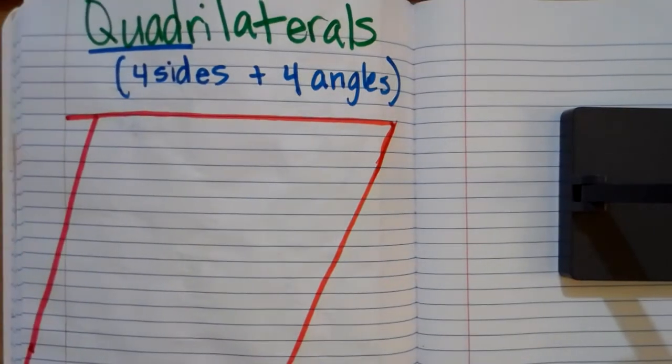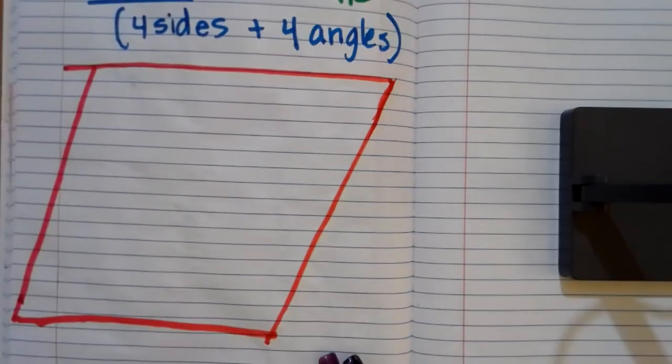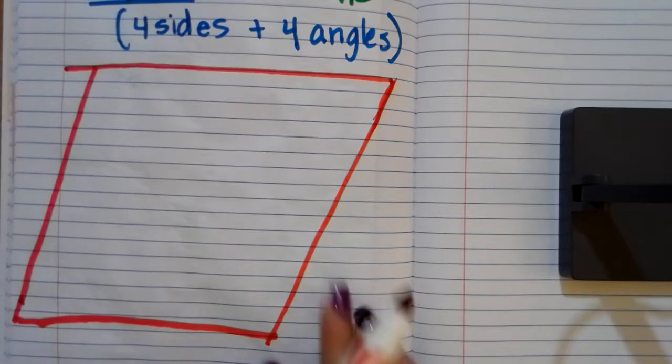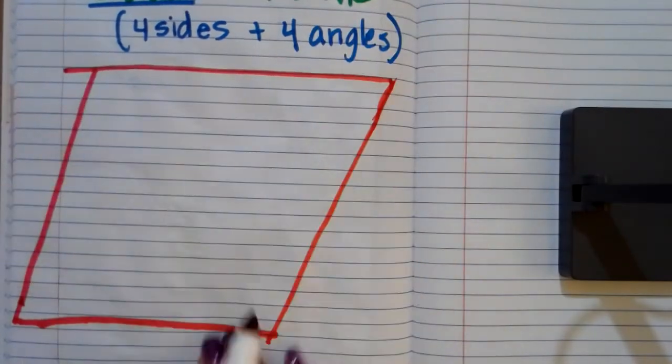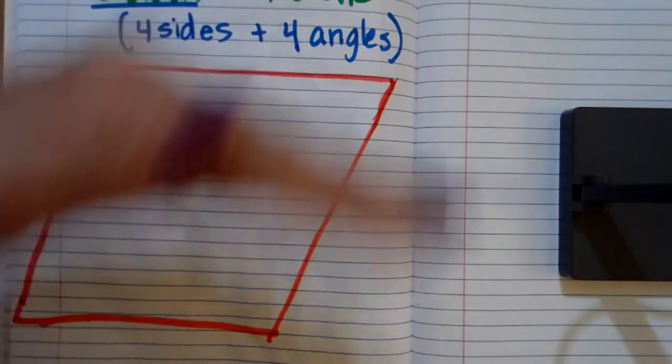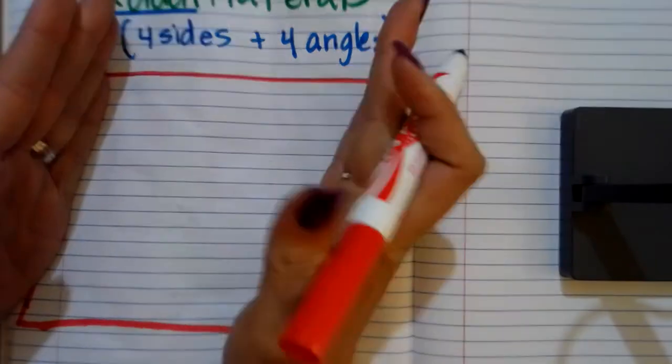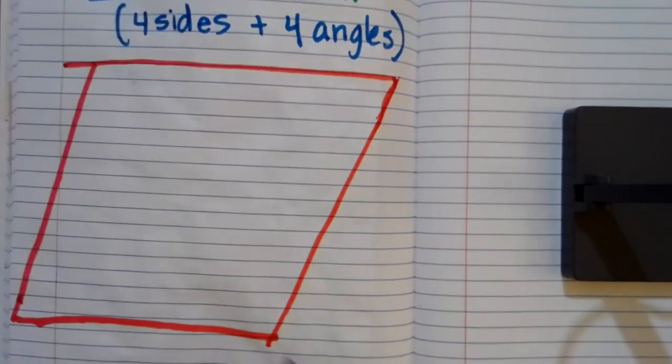Okay, so there's my quadrilateral. Not perfect, but it's good. This is a parallelogram, right? Parallel line here, parallel line here, parallel line here, parallel line here. They're never going to touch.